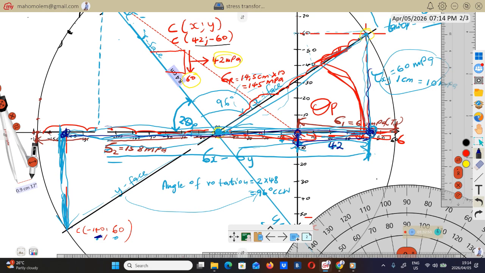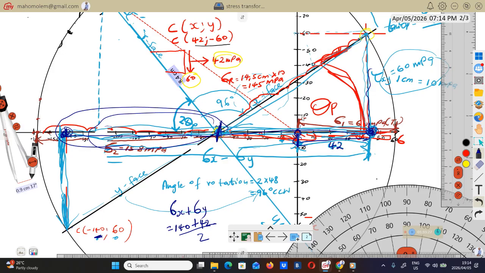So the total distance is stress x plus stress y, which is 140 plus 42. But we want only from here to there, so you take that divided by 2, since this distance equals this distance.